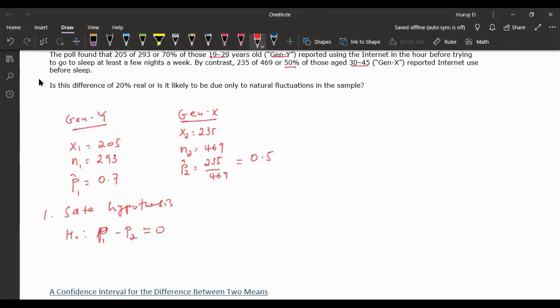If you look at the question, there is a difference between 50 and 70, of course. Is this difference real, or is it just because of randomness? That's what we are trying to see. Therefore, because of this difference, our alternative hypothesis will be just two-sided.